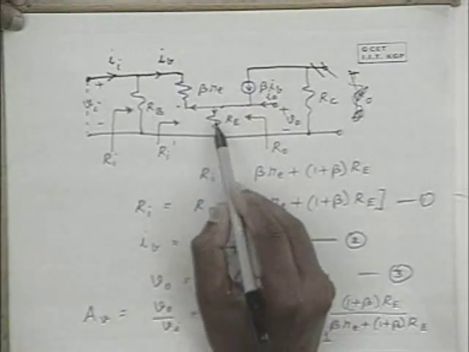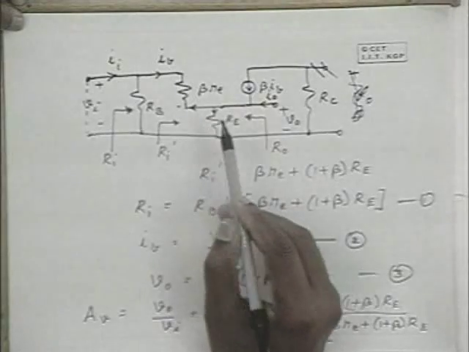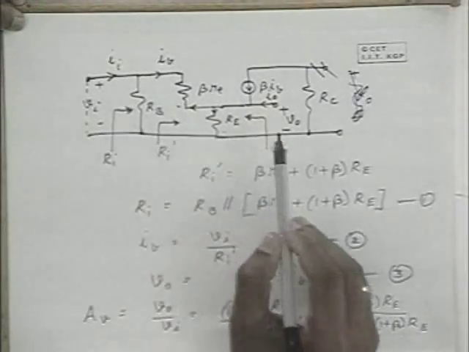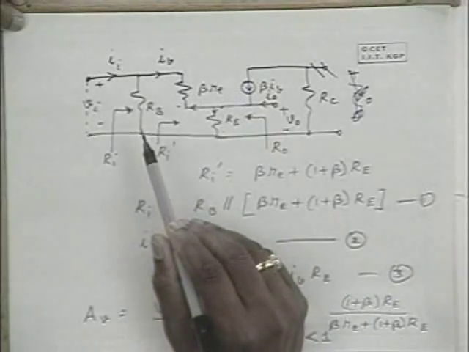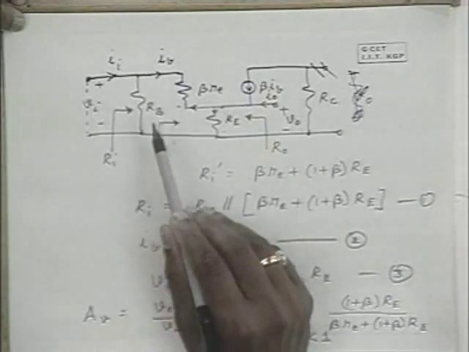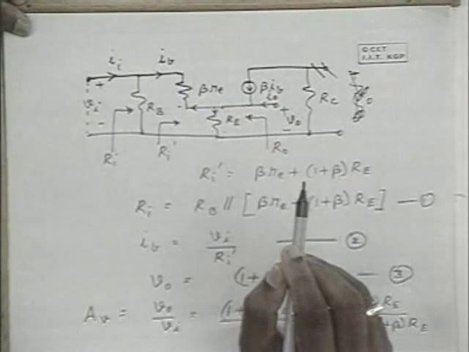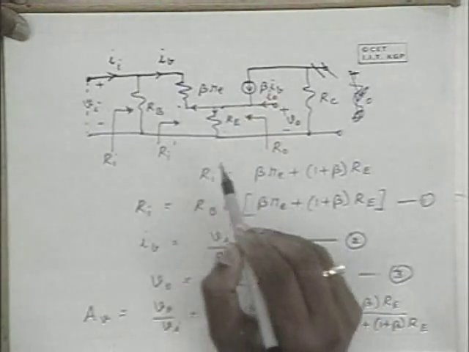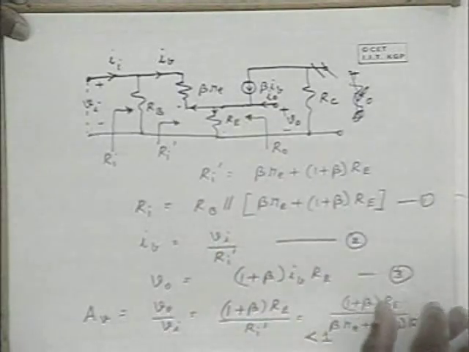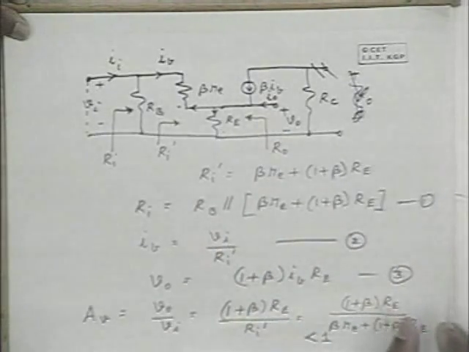Because RE is appearing between the input and output, this RE is reflecting a voltage onto the input loop, and because of which IB is coming into the picture. So that is happening because you are applying the voltage in this fashion. Any other question?